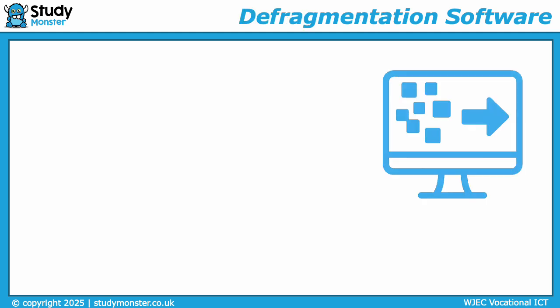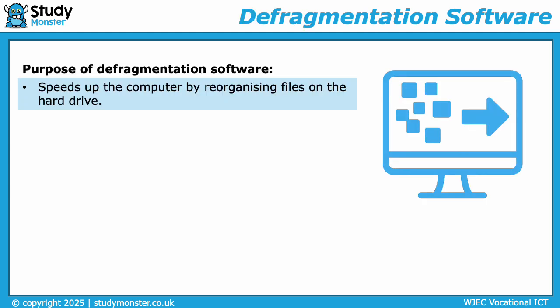Next one is defragmentation software. The purpose of defragmentation software is that it speeds up the computer by reorganizing your files on your hard drive. Now this piece of software is only really used on magnetic storage. If you think back to the storage video, we talked about the 3 types of storage: magnetic, optical and solid state.